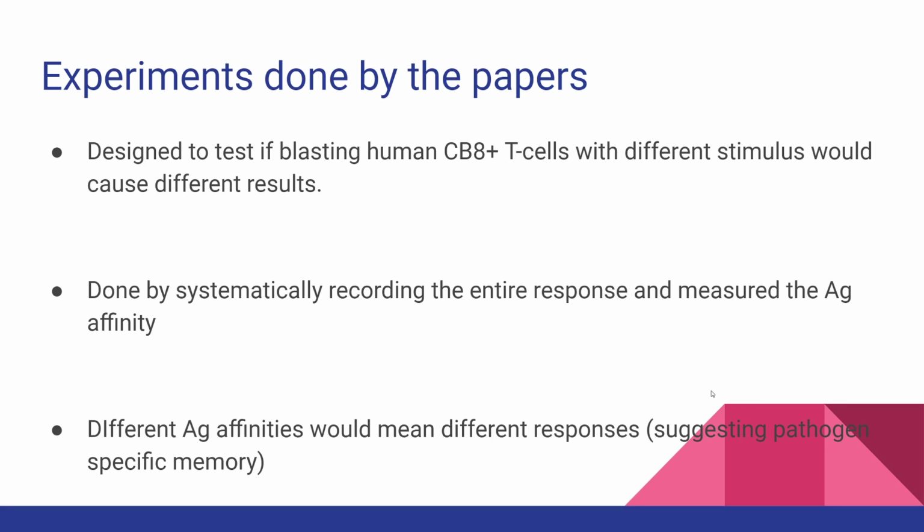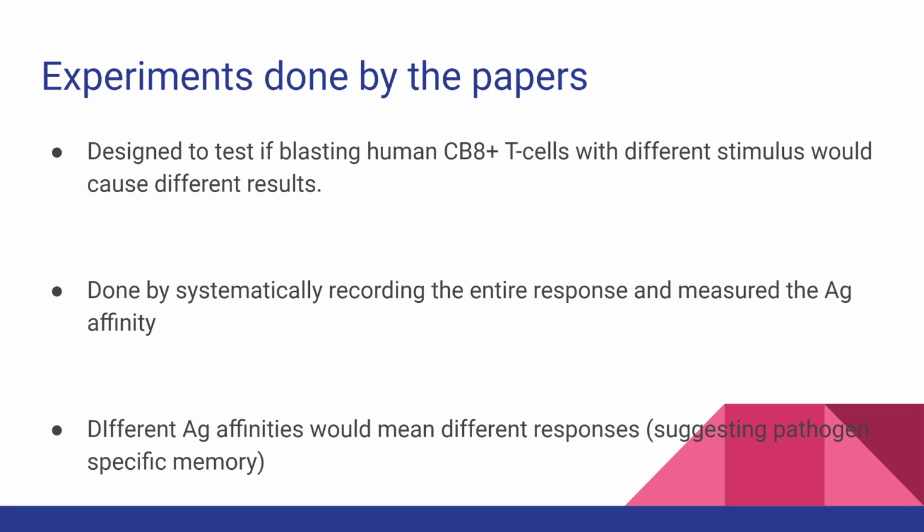The experiment that these immunologists created was a systematic experiment designed to measure the responses of these T cells, specifically CD8 T cells, by blasting them with different stimuli that should in theory cause different results, and different affinities.